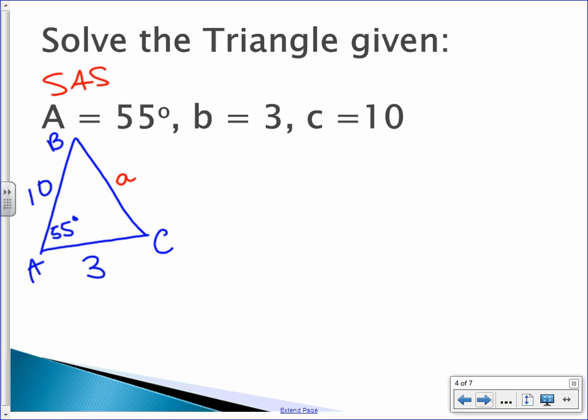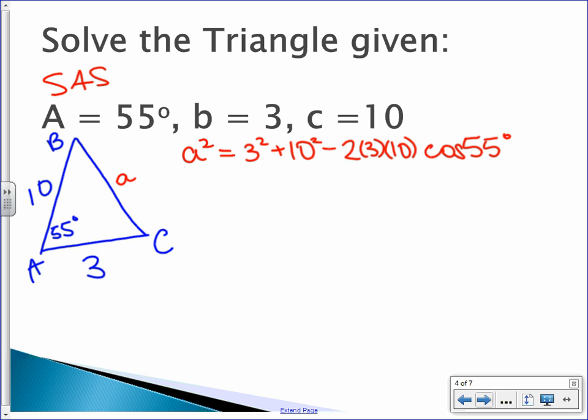So, our law of cosines formula: a squared is b squared plus c squared minus 2 times a times c times the cosine of a.